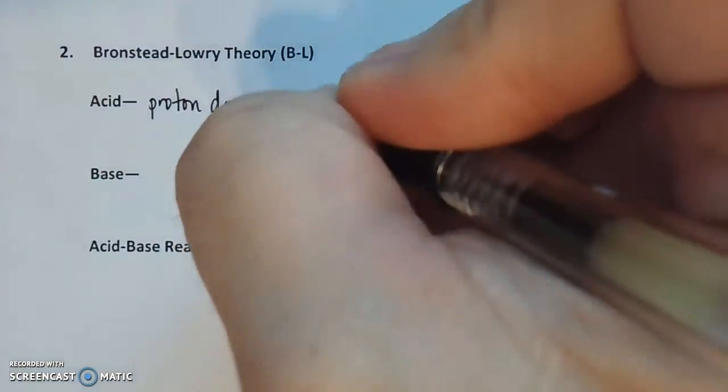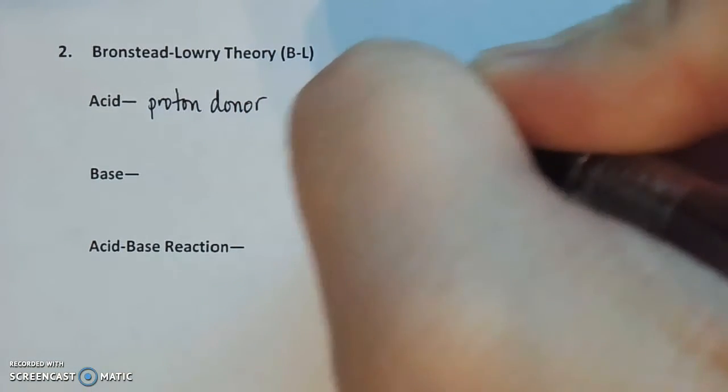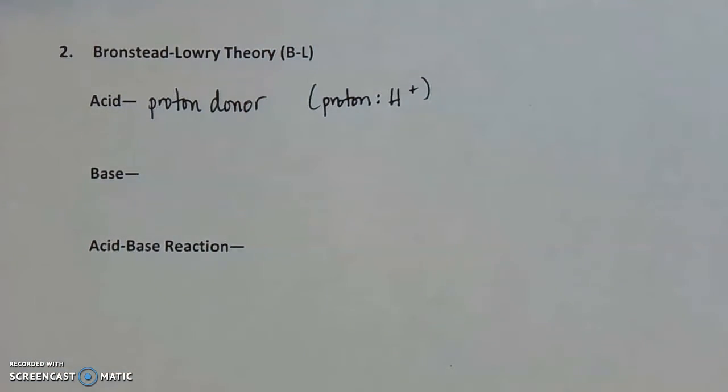So this was developed by Bronsted and Lowry, hence the BL theory, the Bronsted-Lowry theory, and they define an acid as a proton donor. And the proton is H+. So it's something that donates a hydrogen ion or a proton to something else.